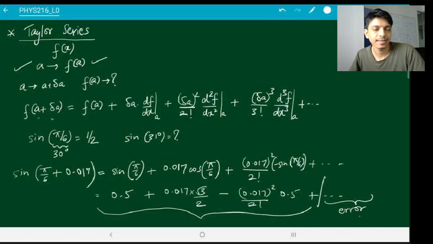So our calculation of sine 31 is not going to be exact, and the error in our calculation is going to be this. You can call it an error, or you can call it the precision. So you can say that our precision in calculating sine of 31 is only up to 3 or 4 decimal places. After that, we don't know what is happening because we have neglected some of the higher order terms. That gives rise to some error in our estimation.